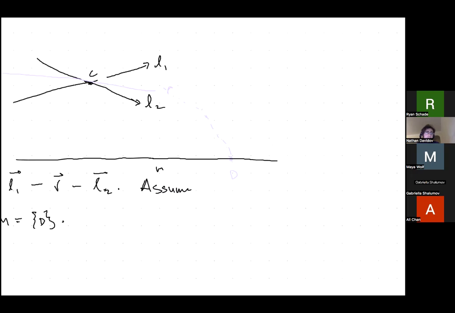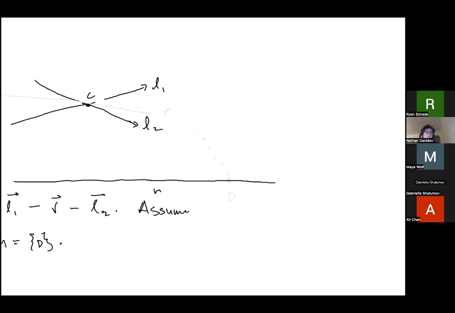If D lies in the interior of angle BAC, so here's the angle, then you have a point D that lies in the interior of this angle, and you connect it to A, which is the common point of these two rays.